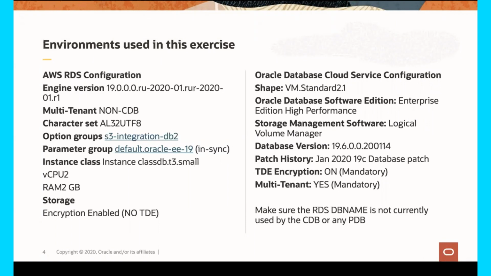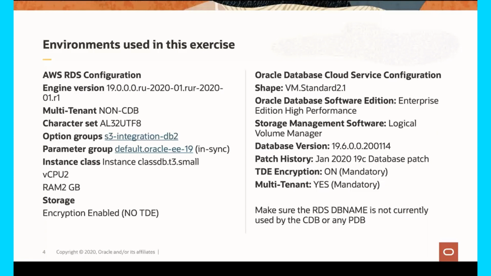The storage has encryption enabled, but that's not TDE, and that is one important thing to consider. It will come later in the presentation, because the encryption enabled here refers only to the storage encryption that RDS provides. Again, it's not Oracle database tablespace encryption. There is an option of using TDE encryption in RDS.